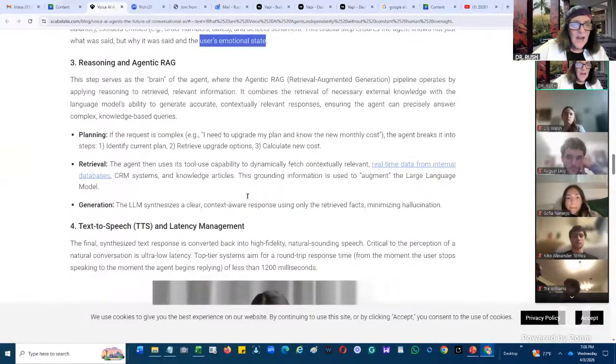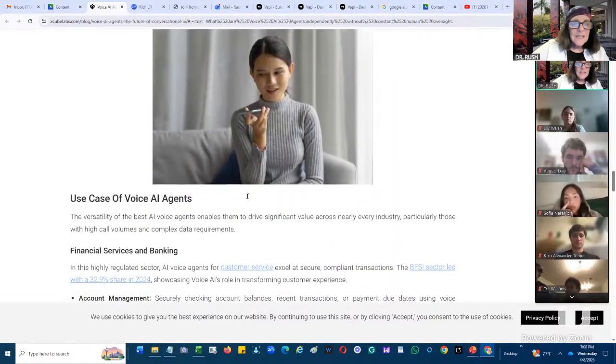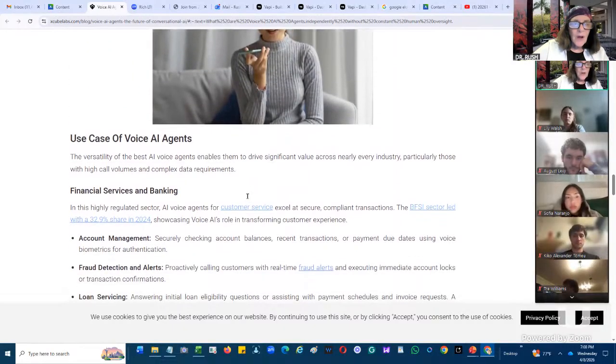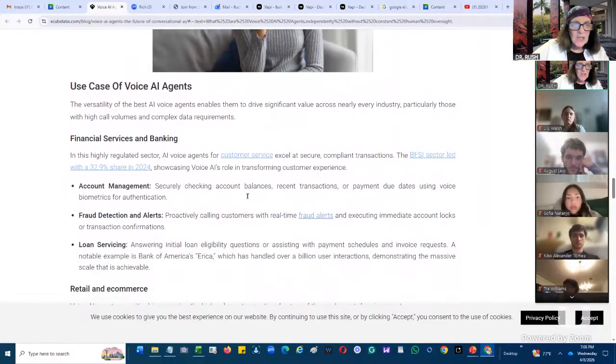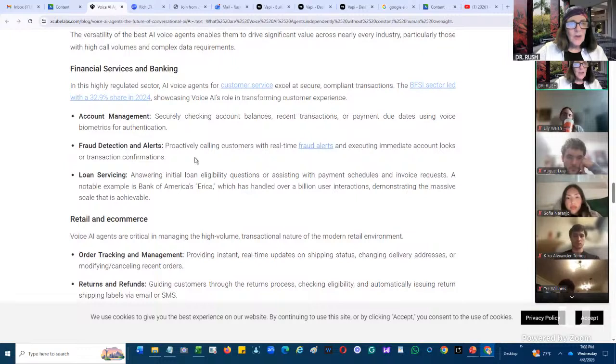So these are issues that are really essential for these use cases of voice agents with financial services. In financial services, banks have already done a lot of automation.